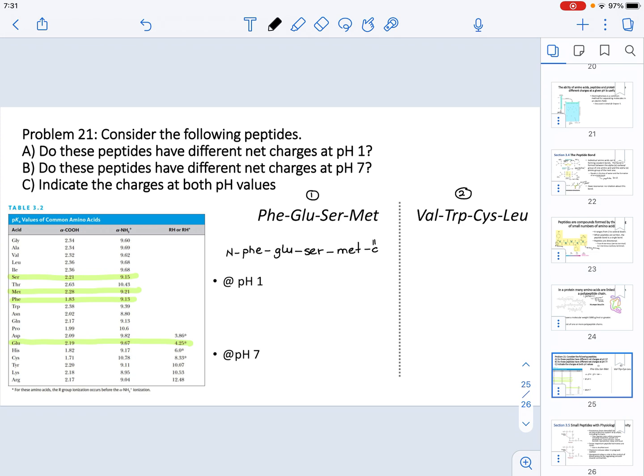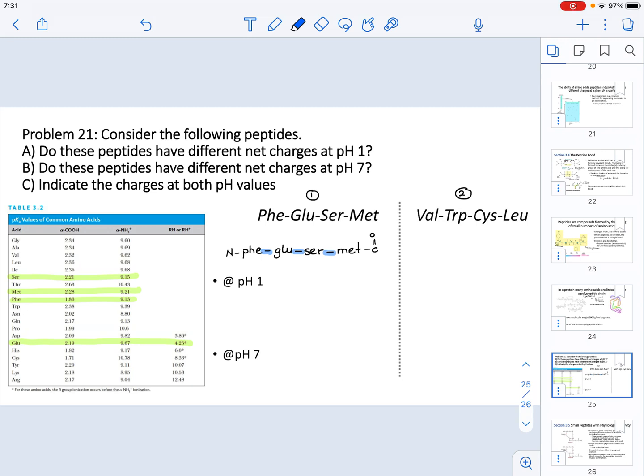And the carboxylic acid side of your peptide is exposed for the last amino acid. Remember that the bonds that I'm highlighting in blue correspond to the committed carboxy and amino groups for each of the amino acids, which is committed in a peptide bond.